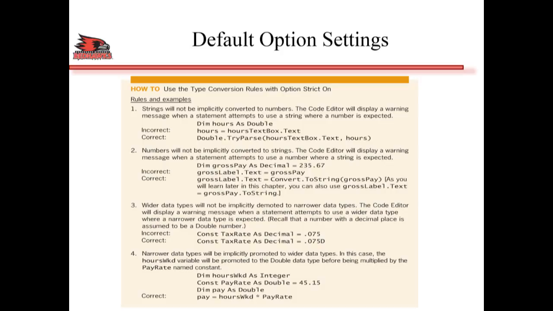And so demotion will not happen, so you cannot convert a double to a single, or long integer to a short integer. You can do promotion, so single can be converted to double, short can be converted to long. So these are the default settings. You can go ahead and change them, but it's generally not recommended.